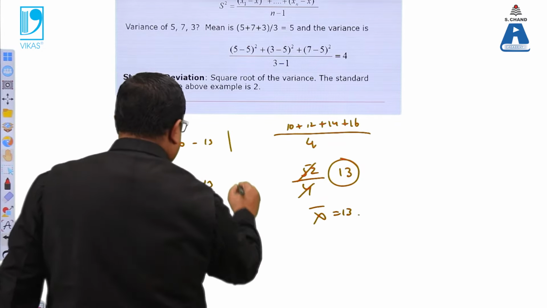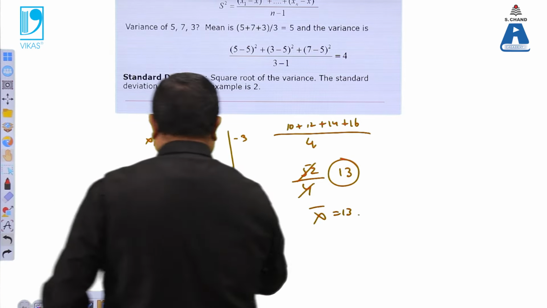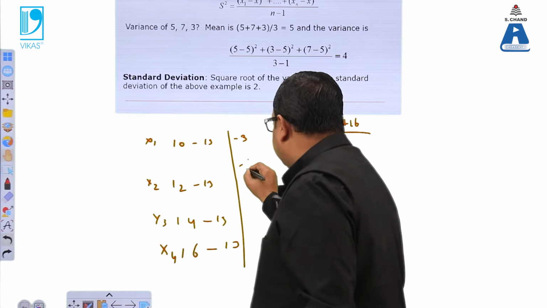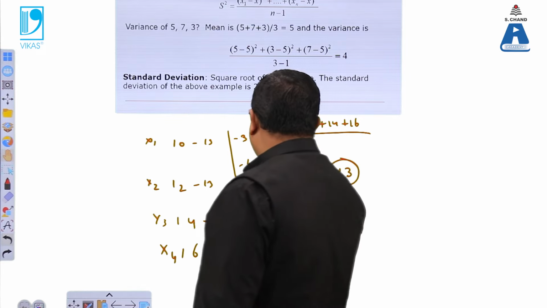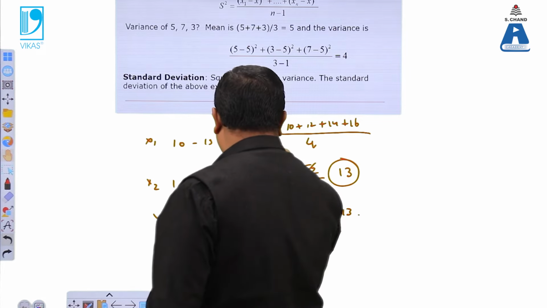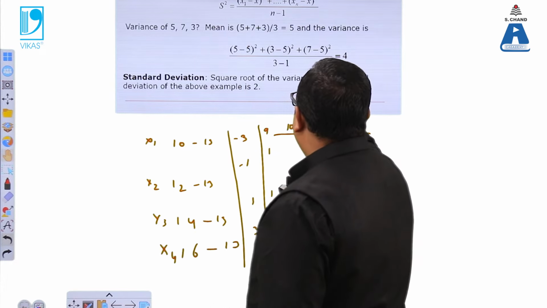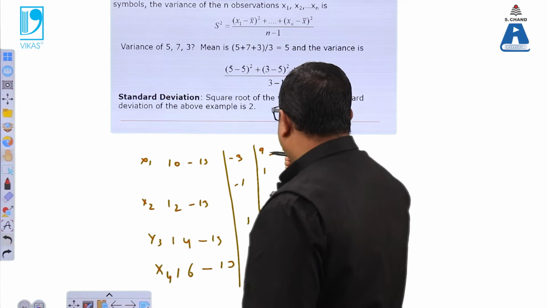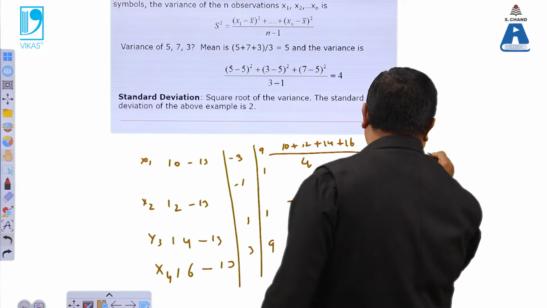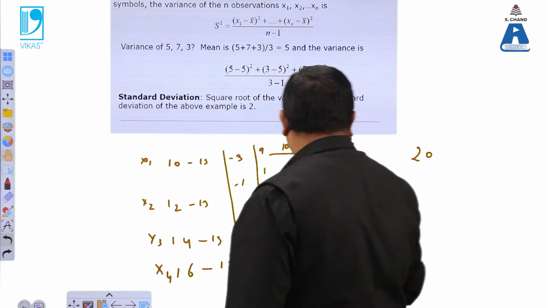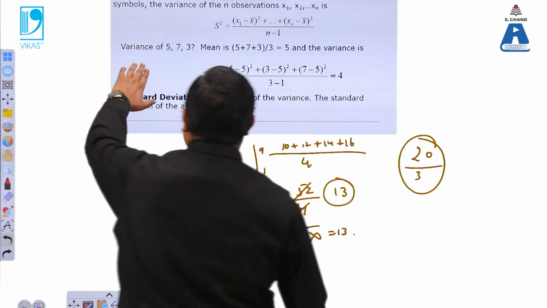So we have 10 minus 13 is minus 3, then 12 minus 13 is minus 1, 14 minus 13 is 1, 16 minus 13 is 3. We calculate the square of this and we get 9, 1, 1, 9. Then we calculate the addition of all the squares: 9 plus 1 is 10, 11, 20. The number of terms are 1, 2, 3, 4, so it will be 4 minus 1, which is 3. So this is how we can calculate the variance.